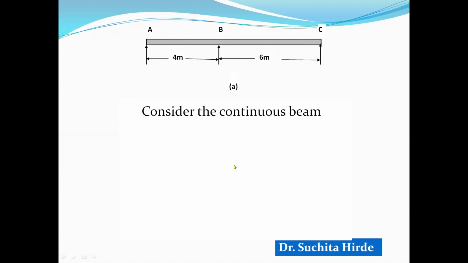Now we know that by Muller Breslau principle, if you want to draw the influence line diagram for any function, first of all, we have to remove the ability to resist that function. So here we are drawing the influence line diagram for bending moment, and therefore we have to remove the bending moment carrying capacity at that section. So let us see how we can do this.